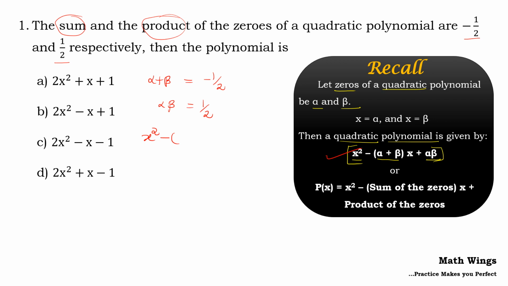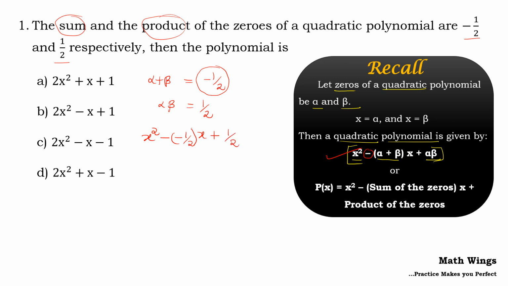So be careful here, because in the formula itself we have the negative sign, as well as the sum of zeros is also given with the negative sign. Therefore, minus into minus half into x plus alpha beta, that is half.